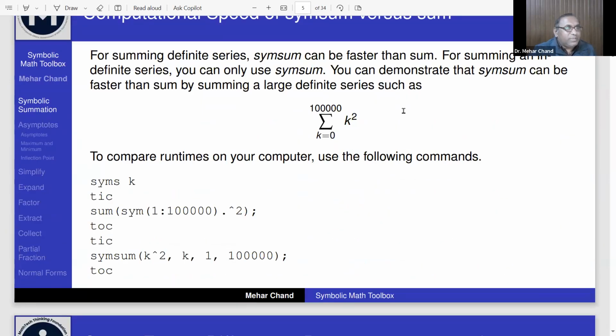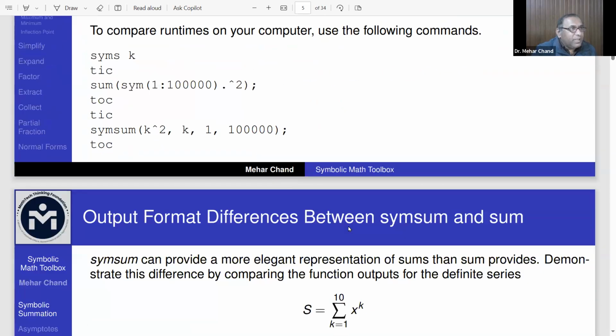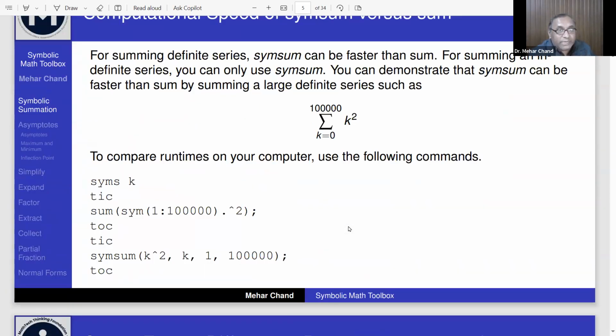And here is also one more example. You can go through it yourself. Also, sometimes you need to calculate time, for example when you want to compare how much time each algorithm is taking. To calculate the time, one method is tic and toc.